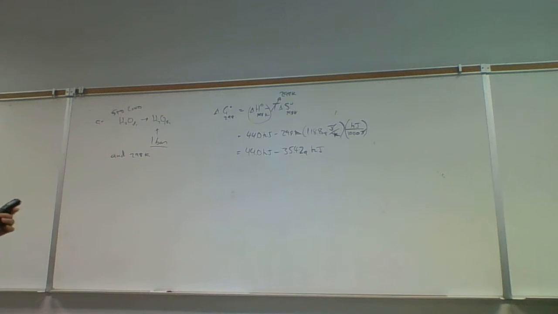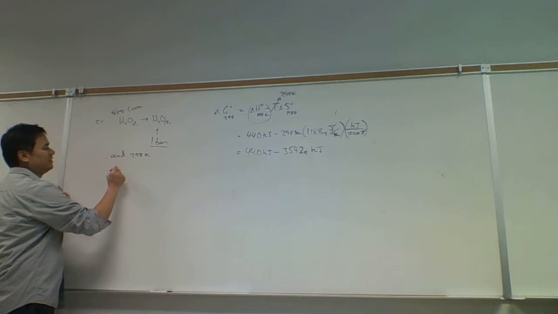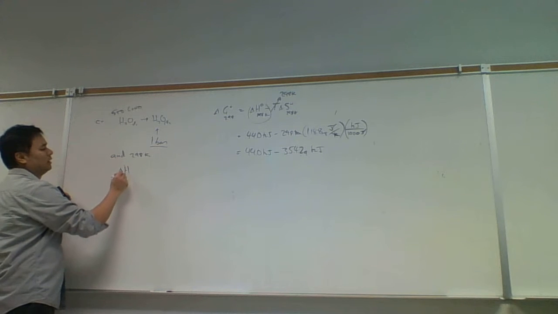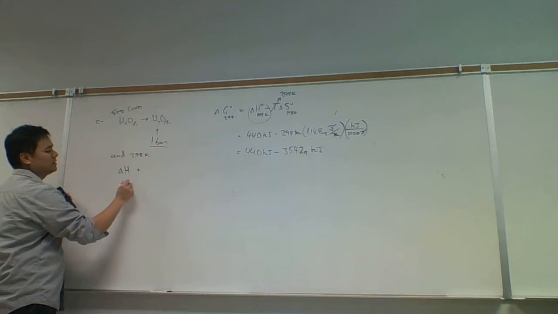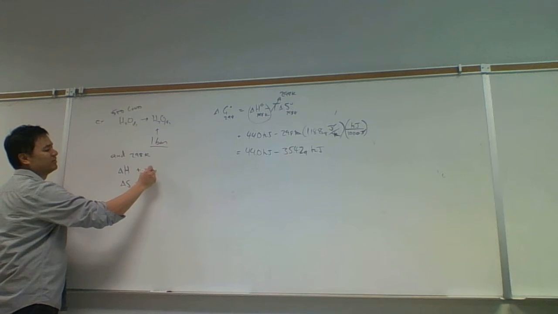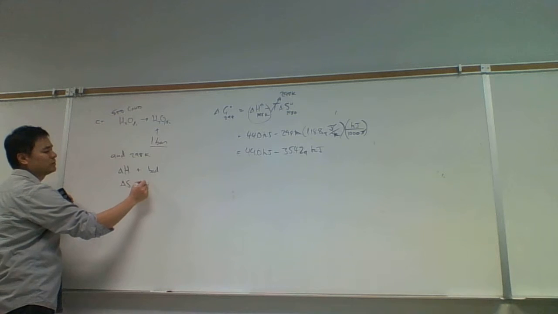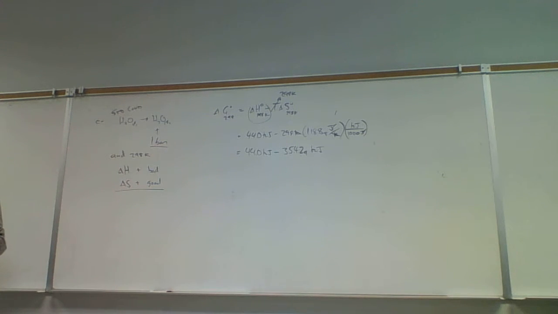Now take a look. In this case, delta H is positive, and delta S is positive. Delta H being positive is bad for driving force, but delta S is good for driving force. And so which one wins?